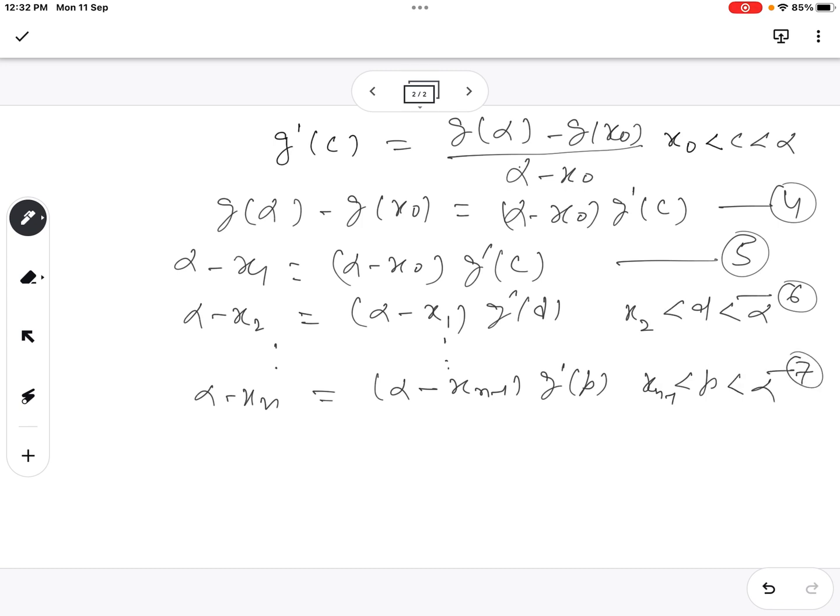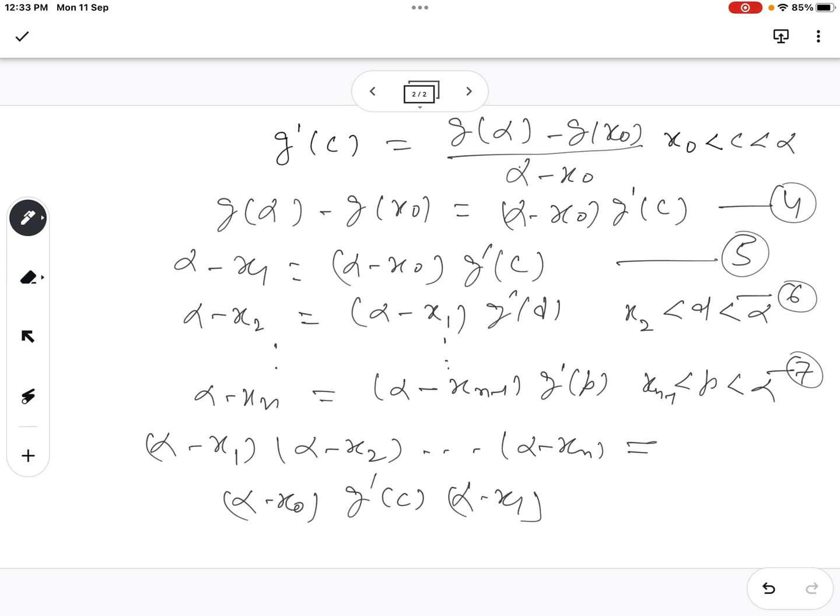And if I multiply 4, 5, 6, 7, etc., then I get alpha minus x1 into alpha minus x2 into alpha minus xn is equal to alpha minus x0 into g prime at c, alpha minus x1 into g prime d, into alpha minus xn minus 1 into g prime p, and I see that all these will cancel out.